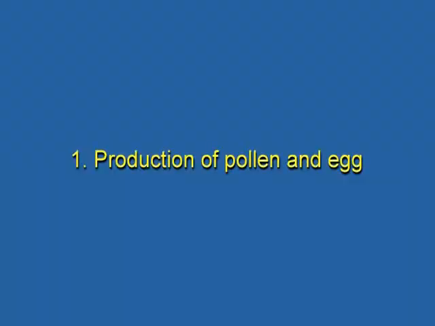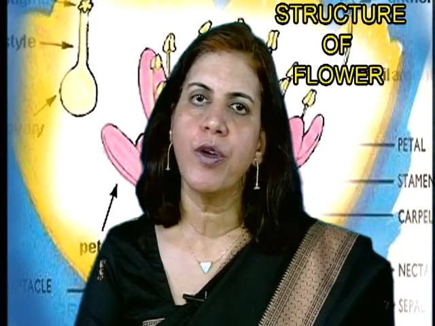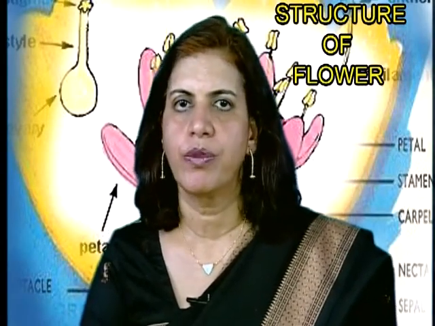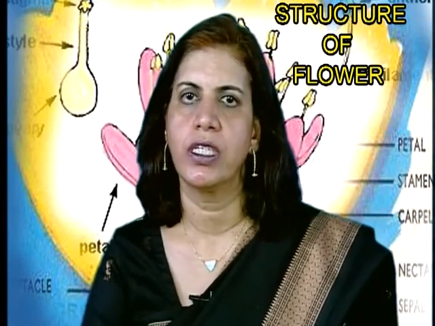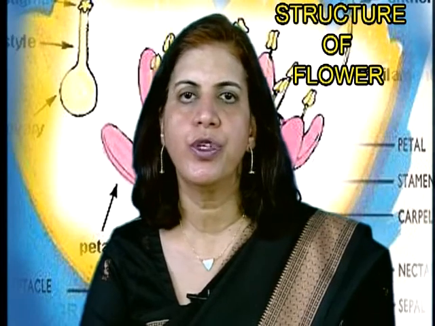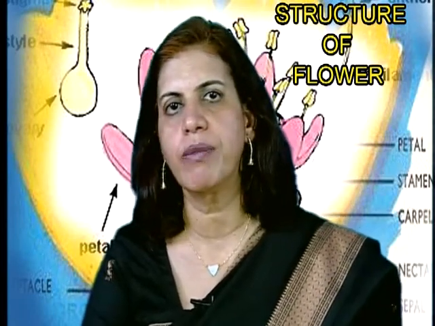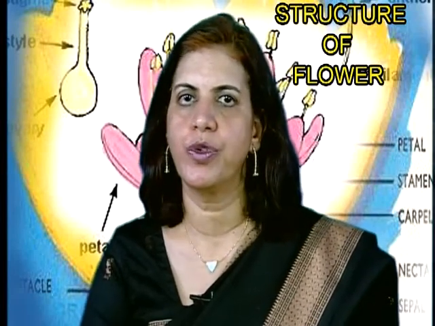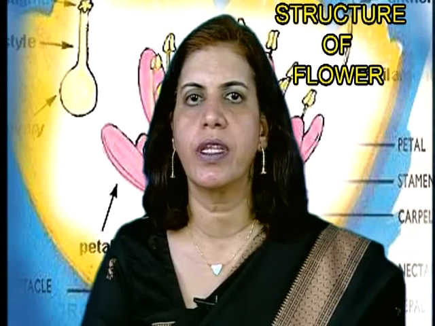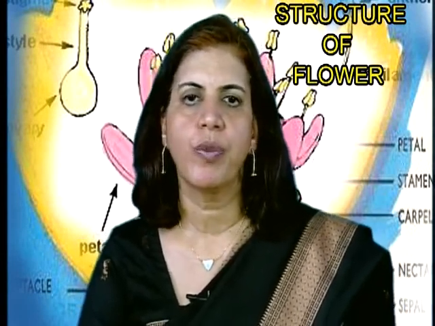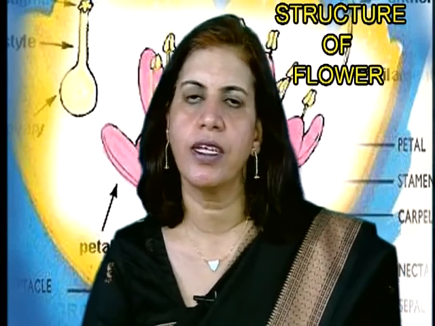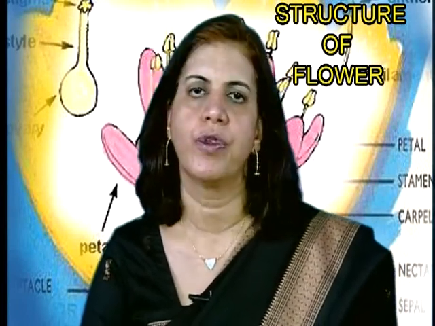First of all, it may be the production of pollen and egg, that means production of male gamete and female gamete, which will result in fertilization. Union of male and female gamete is known as fertilization, which will help to produce offspring, which will help in the propagation of the species of the plant. So, production of pollen and egg is the first function of the flower.